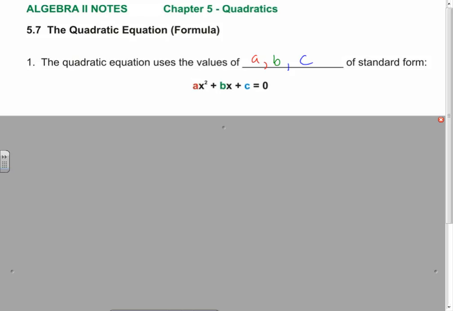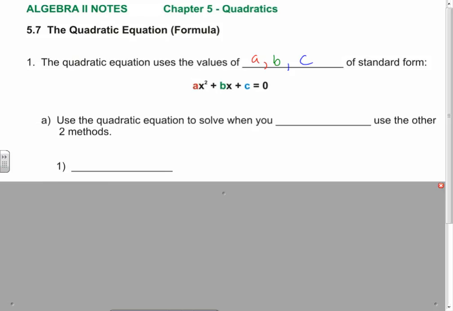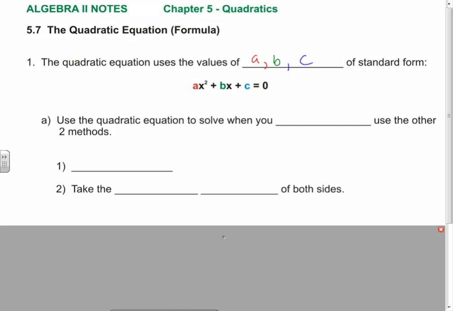The A is the coefficient, the multiplier of the squared term. The B is the coefficient, the multiplier of the x to the first power term. The C is the constant when it's set equal to 0. So be careful. It's got to be set equal to 0 to read the value of C. And so that's the A, B, and C of the quadratic equation. You got to know those, and that's the only way.